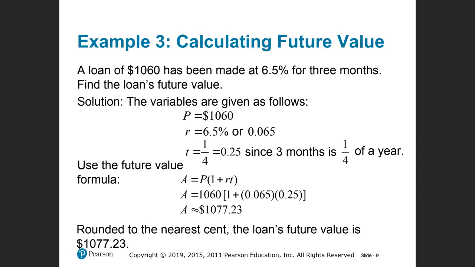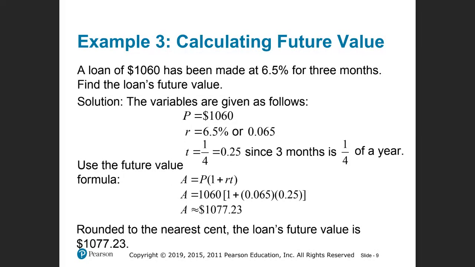We have a loan of $1,060 made at 6.5% for 3 months. Find the loan's future value. So sometimes it helps on these more complicated problems to write down what each variable means.